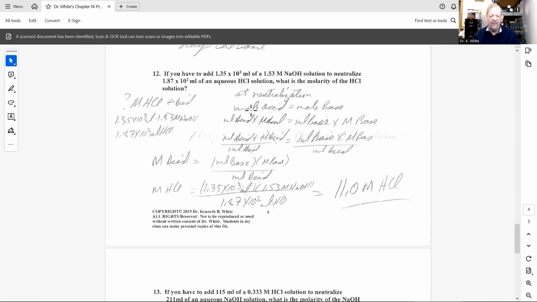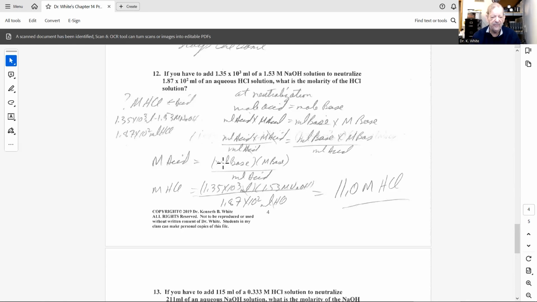Now, from important information, quiz 6, moles of acid equal moles of base. Therefore, milliliters of acid times molarity of acid equal milliliters of base times molarity of base. What are we trying to find? MHCl, the molarity of acid.